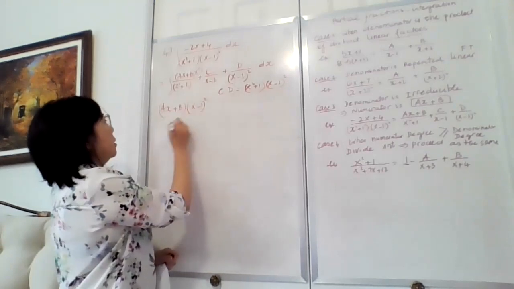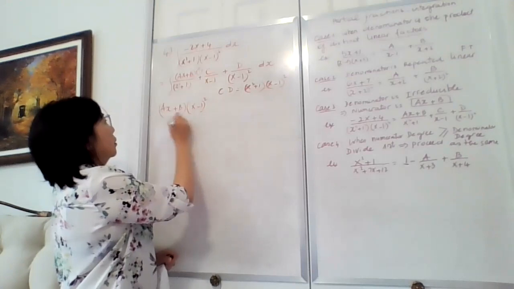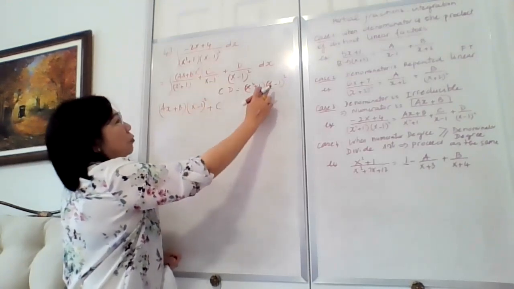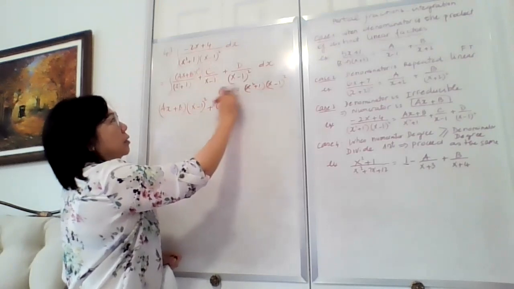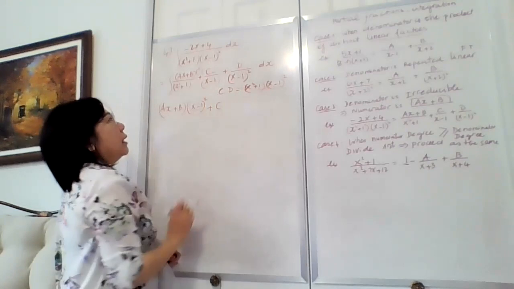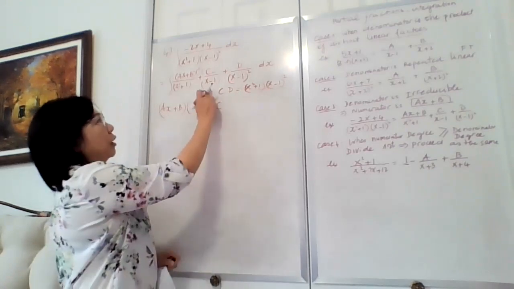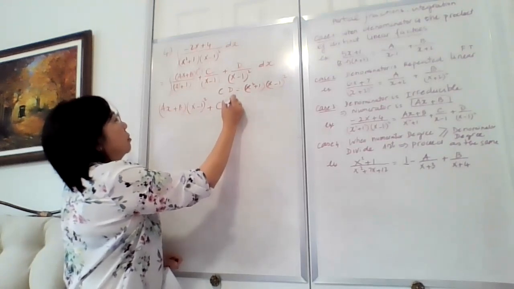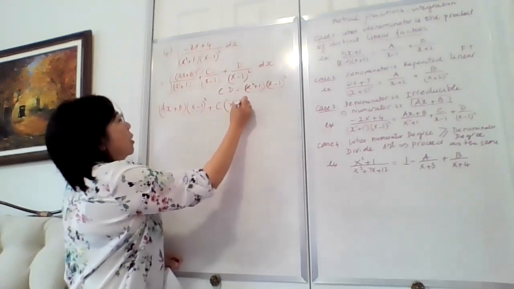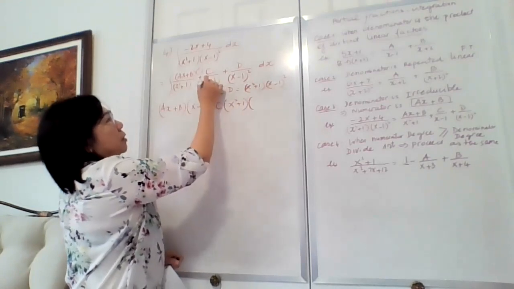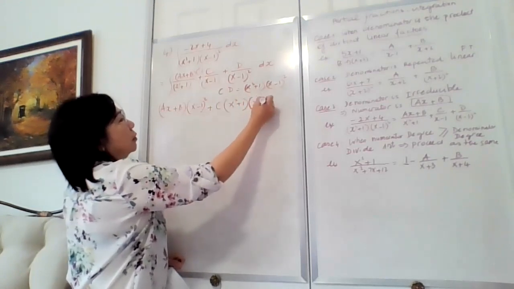And the C, I have to time with one more of this, right? Because I only have power 1. I need another one like that to make a power 2, right? But also have to time with that. So the C would time with x squared plus 1, which is this one here, times one more of this because I already have x minus 1.